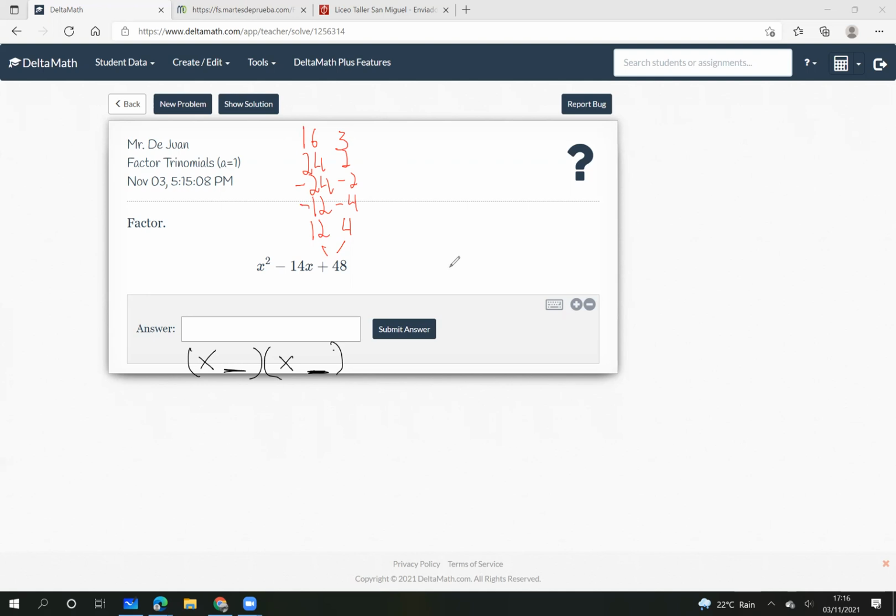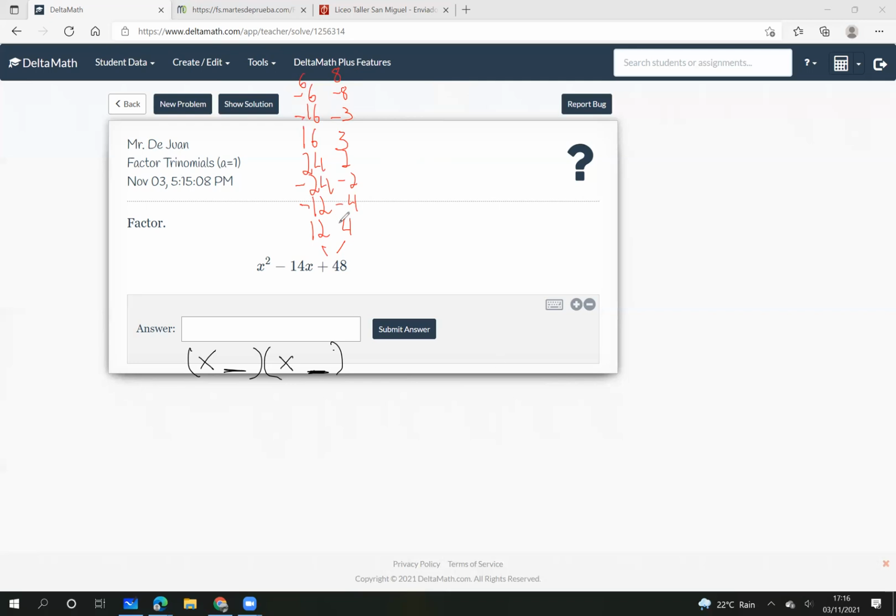Yeah, because 16 times 2 is 32 plus 16, 48. Okay. Negative 16, negative 3. What other options might I have? Well, 6 and 8, right? Negative 6, negative 8. And 6 and 8, right? So that's a lot of options.